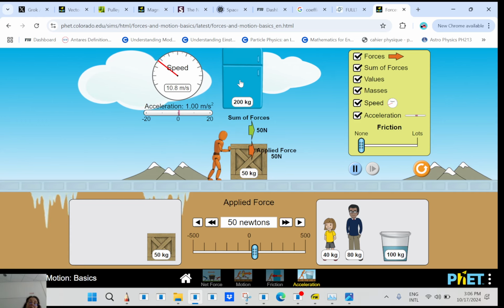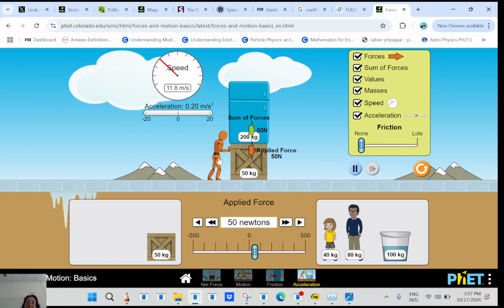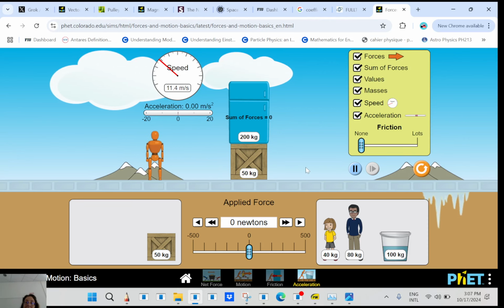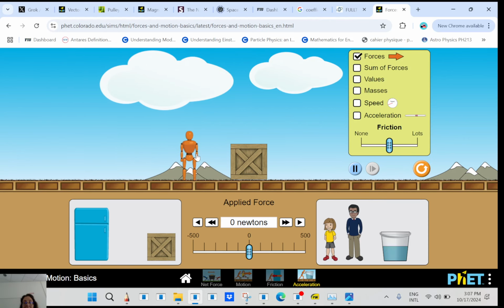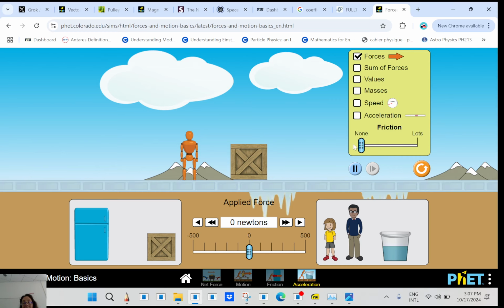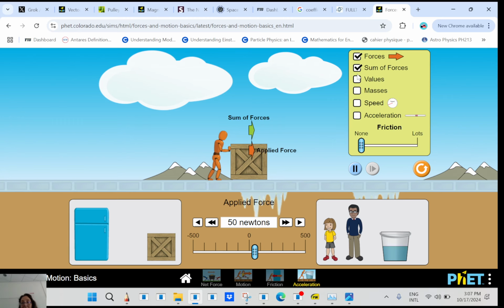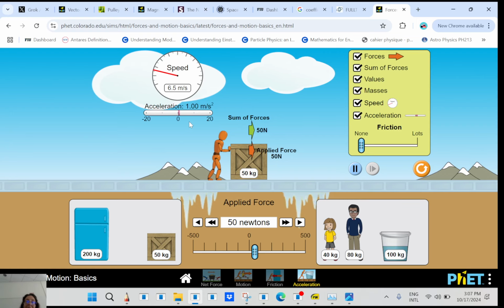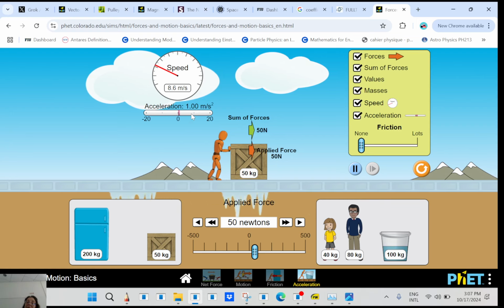So look what's going to happen if I increase inertia, if I want to get it moving. Okay, so the same force here. You have the mass, and that will be the acceleration, 1 meter per second per second.